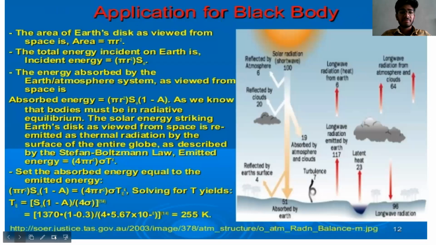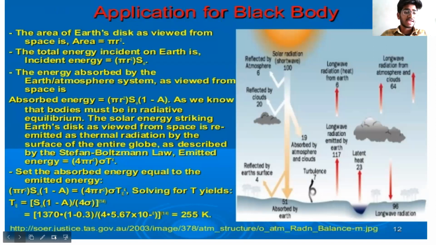Applications for black body. The area of Earth's disk as viewed from space is area equal to pi r square. The total energy incident on Earth is incident energy equal to pi r square S naught. The energy absorbed by the Earth's atmosphere system as viewed from space is absorbed energy equal to pi r square S naught times 1 minus A. As we know, the bodies must be in radiative equilibrium.